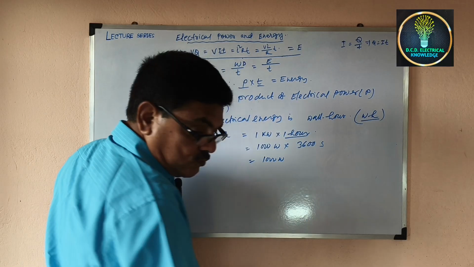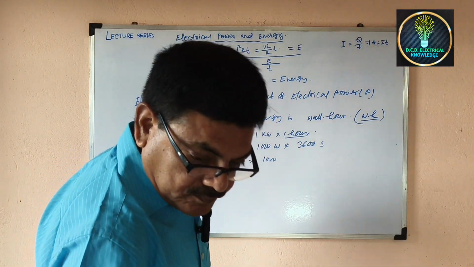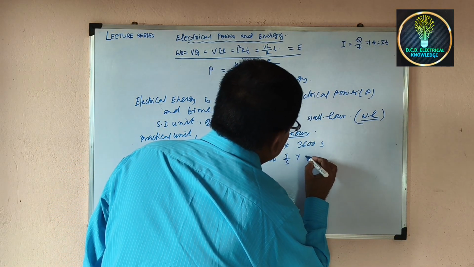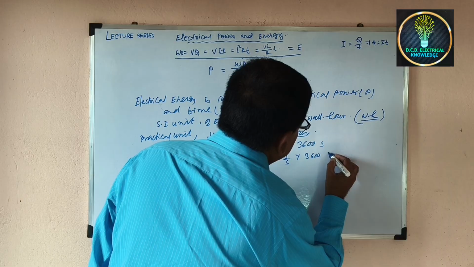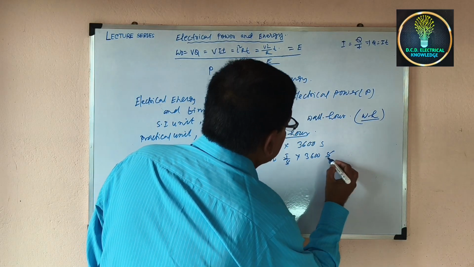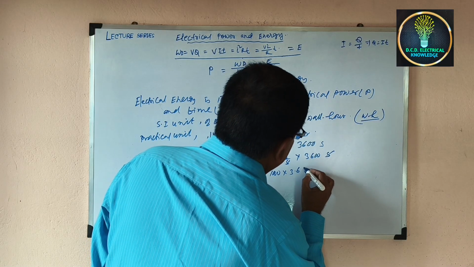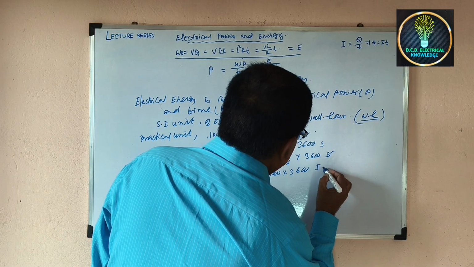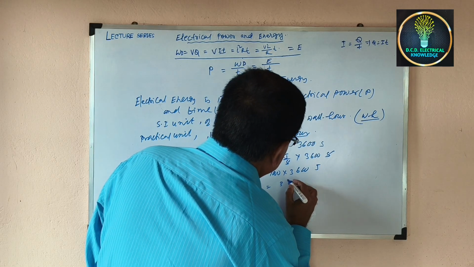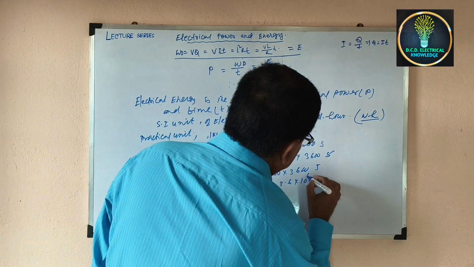Watt means joule per second, so 1000 joule per second into 3600 second, that is 1000 into 3600 joule, that is 3.6 into 10 to the power 6 joule.